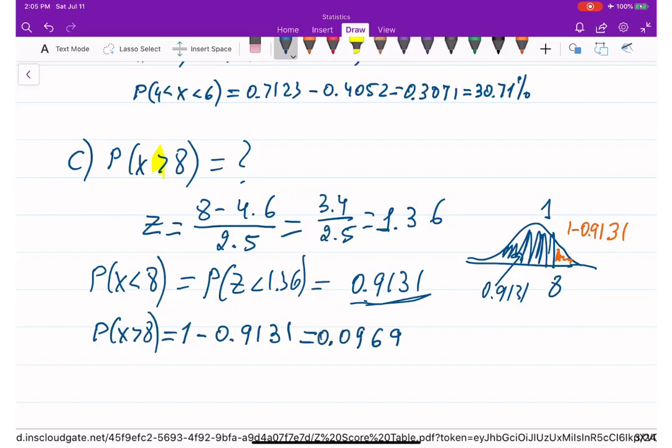We get 0.0969, which is 9.69%. Okay, but this is your number, 0.0969.